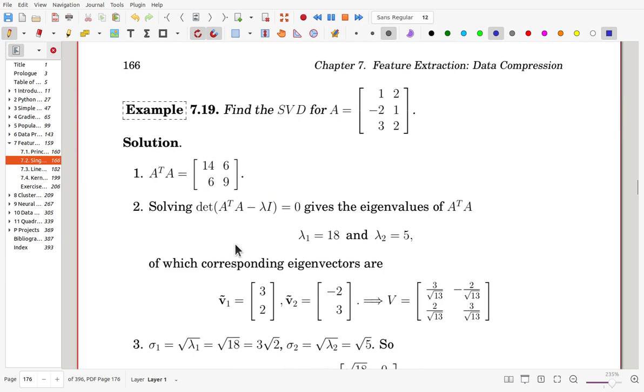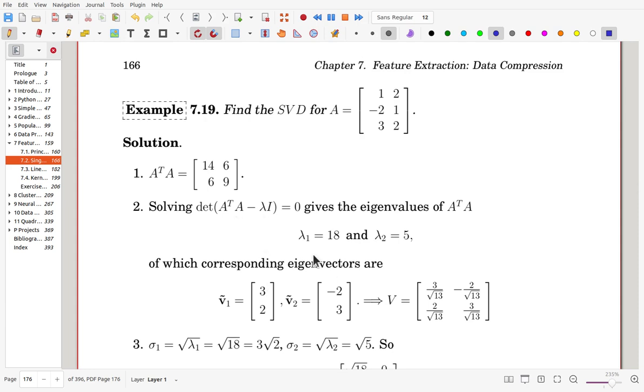Let's deal with one example. Find the SVD for A, a 3 by 2 matrix. First we form A transpose A. Now try to find the eigenvalues and eigenvectors.